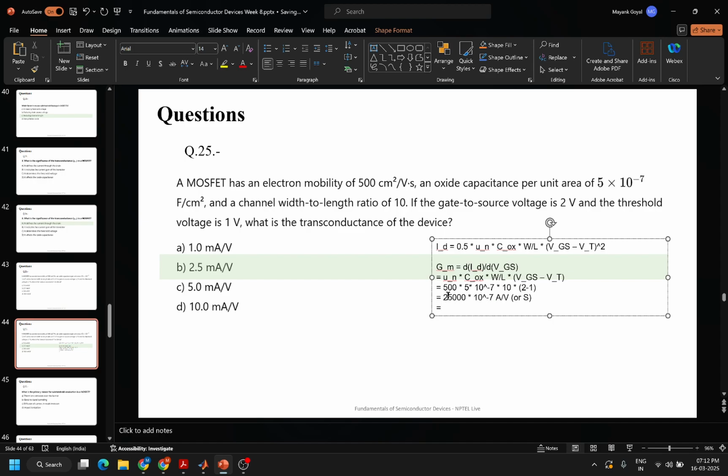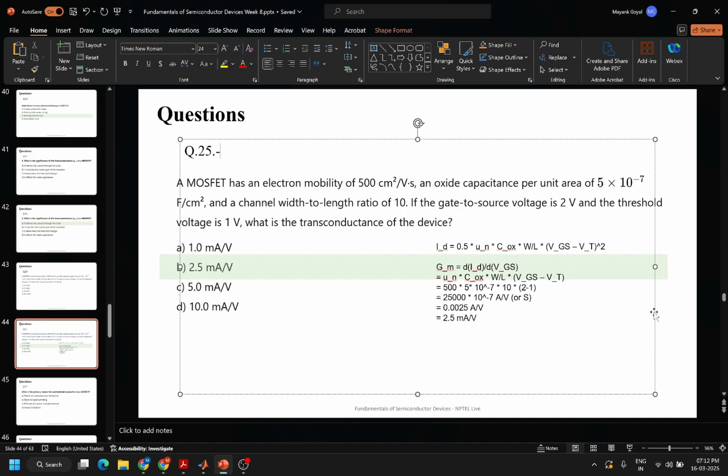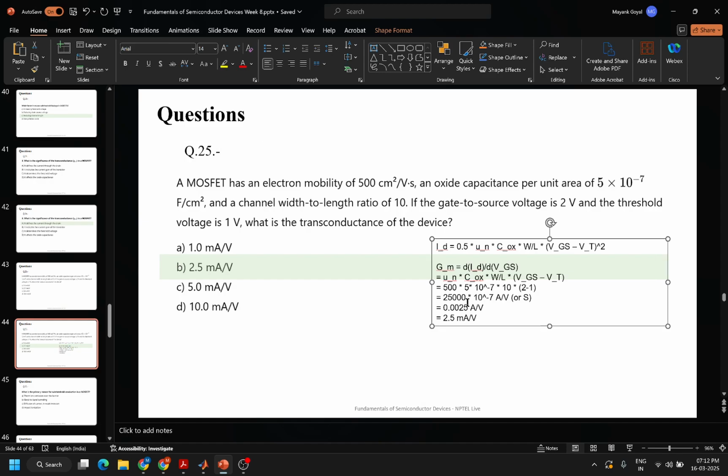So that will become 0.0025. So this is clear now. Yes, sir.